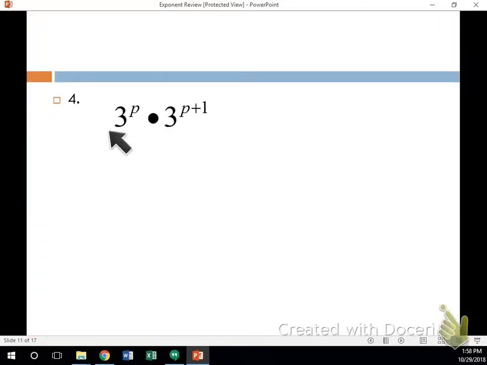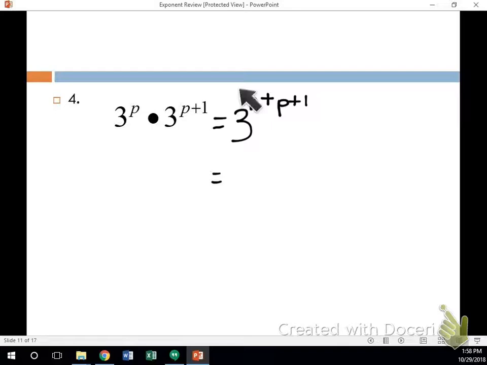If we're multiplying the same base, we need to add our exponents. So when we start this off, I would rewrite the same base. My exponents that I'm adding are p plus 1. And then I would want to just simplify the expression that's in the exponent. What is p plus p? P squared.